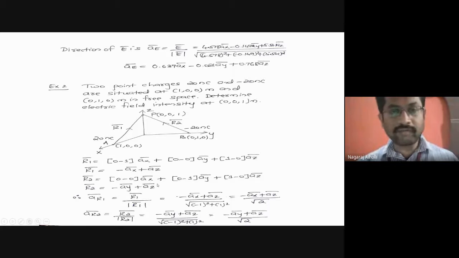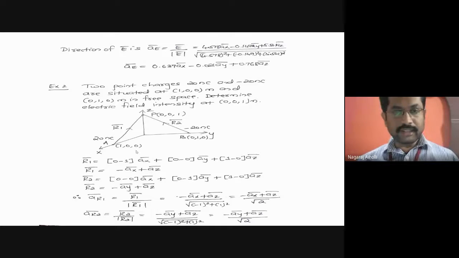Excuse me, sir. How do we know which is the destination and which is the source, sir? Yes. See, now what we want to find here is the electric field intensity on P due to the charges A and B. When we use the words due to the charges, that will be our source.